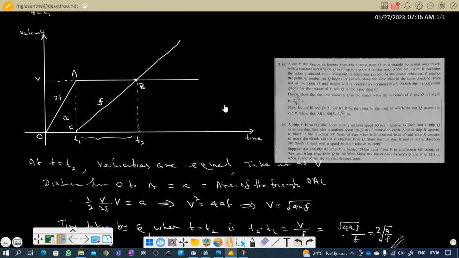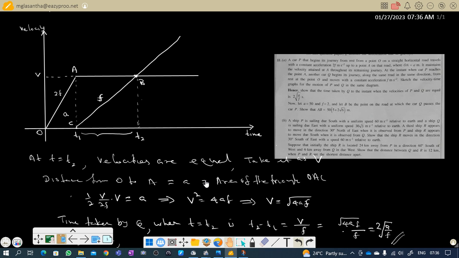Let's take that point, t equals t3. When t equals t3, both cars travel the same distance, right?